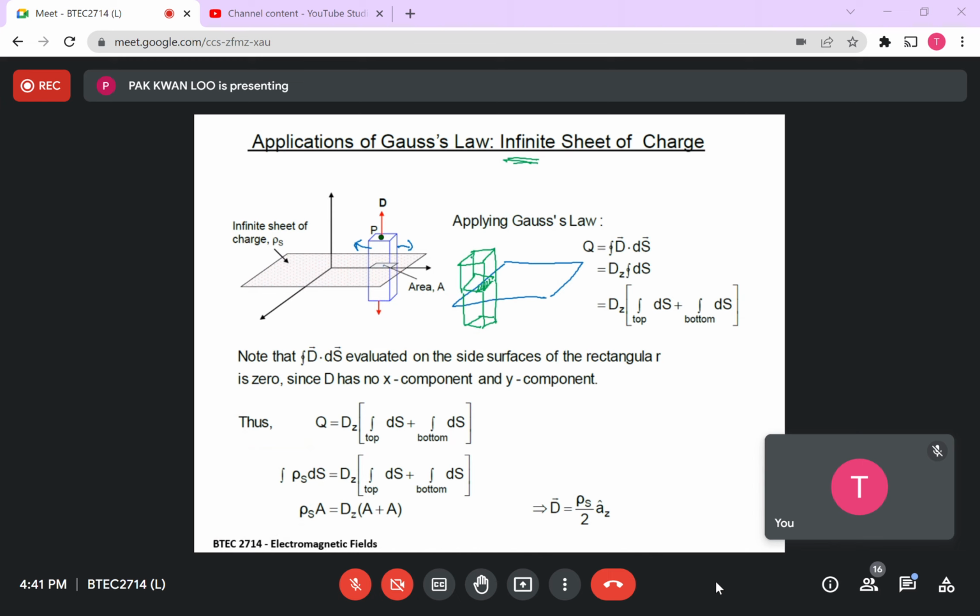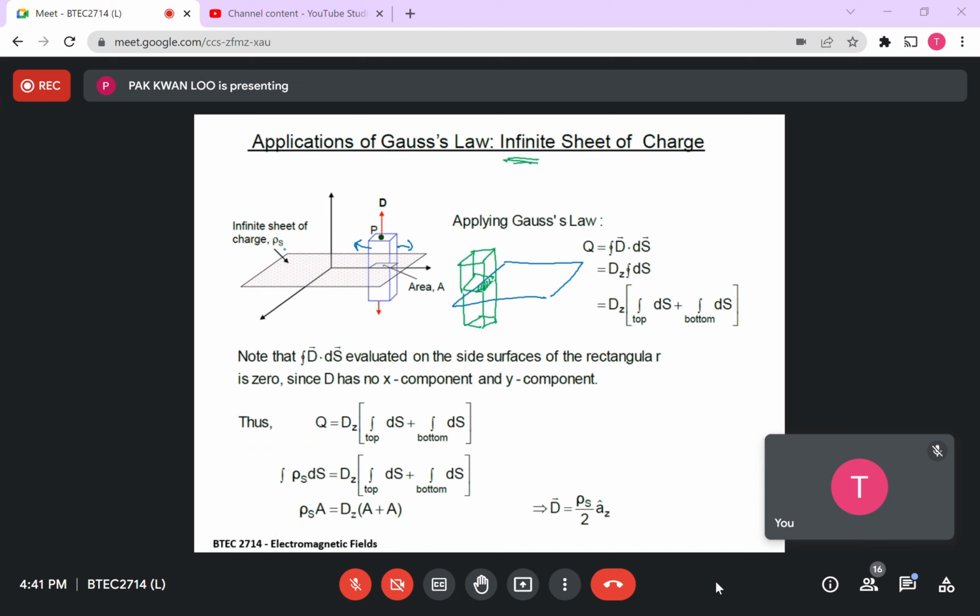Therefore it fails for a finite sheet of charge. As a result, Gauss's law can only be applied to evaluate the electric field or electric flux coming out from an infinite sheet of charge.